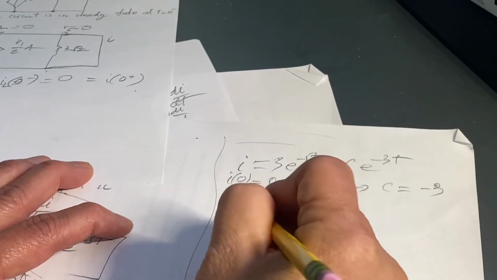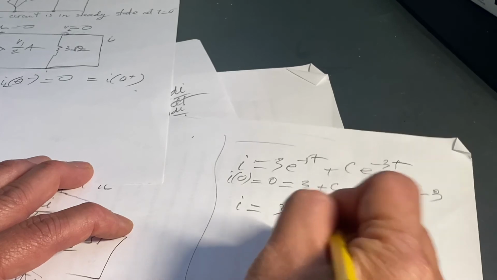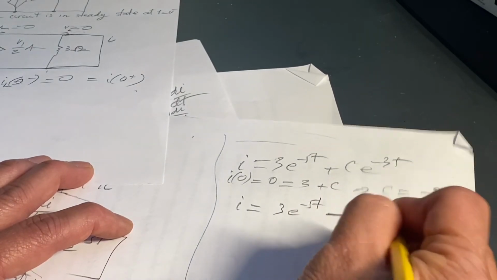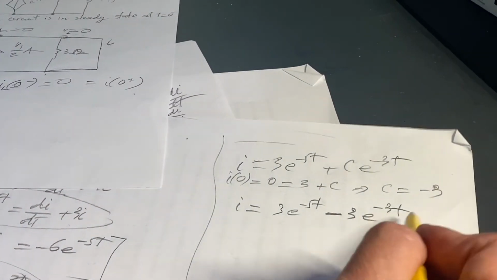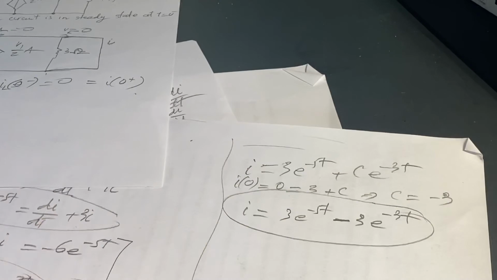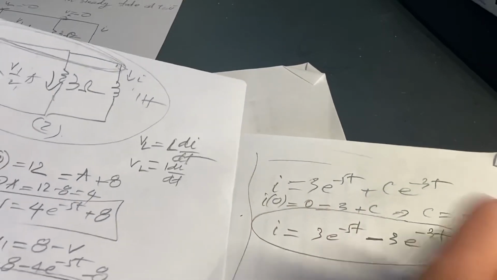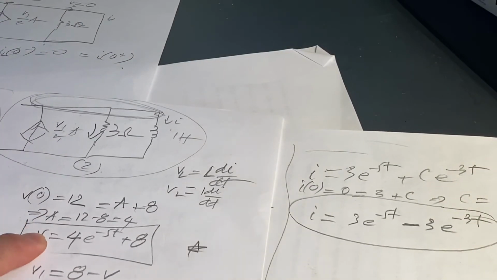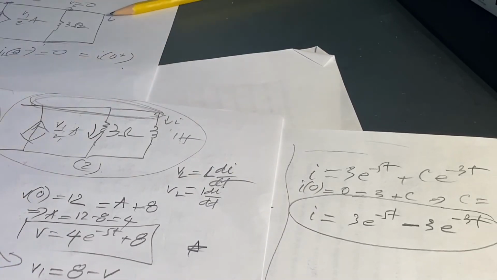So the current I is 3e^(-5t) minus 3e^(-3t). This is my final answer for the current of the inductor, and this is my final answer for the voltage of the capacitor. Let's check whether we get the correct answer or not.